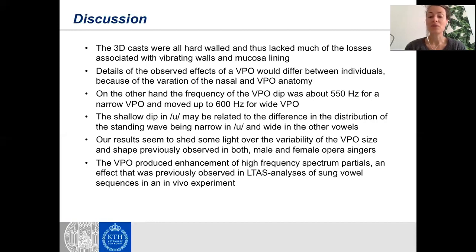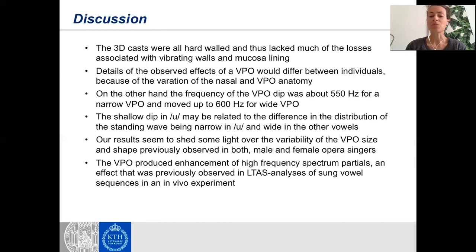So we see some effects in the variability of the VPO size, as has been observed already in a study by Berg and Sundberg, and we also could find some enhancement in the high frequency spectrum partials as an effect.